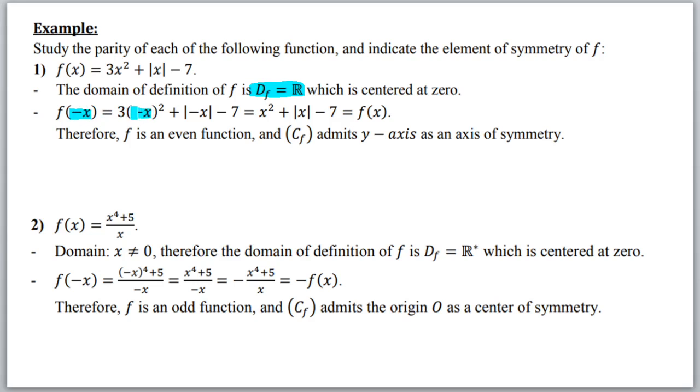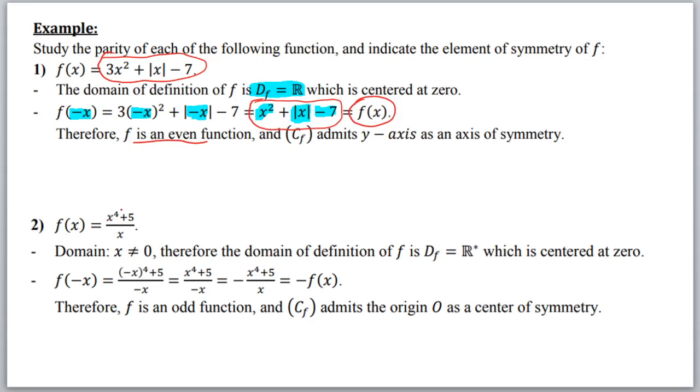So it's equal 3 into minus x squared plus absolute minus x minus 7, equal minus x squared بتصير x squared يعني 3x squared, so it's done. اللي بعدها absolute minus x it's the same as absolute x لأنه الابسوليوت بيبلع الماينس، بيشيل الماينس. Okay, minus 7 done. طيب compare this and the original one, you get the same function. So it's equal f of x, so it is an even function.